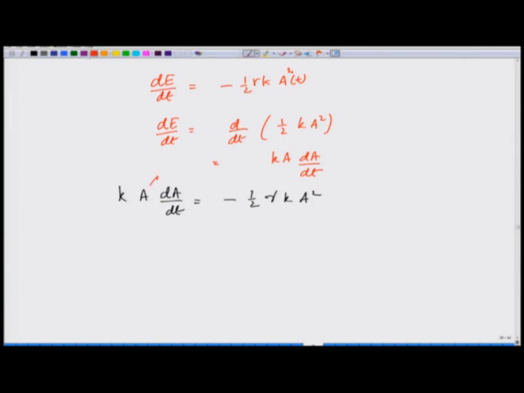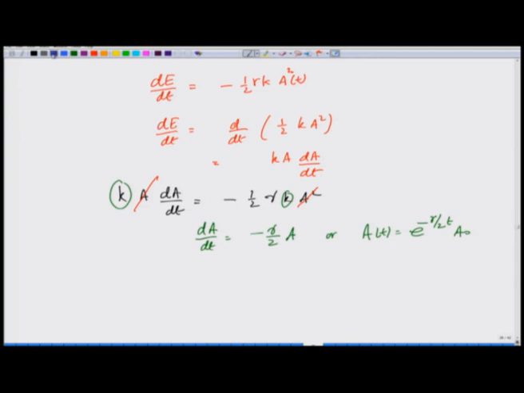I can cancel one A, I can cancel k, and I get dA by dt is equal to minus gamma by 2 A, or A t equals e raised to minus gamma by 2 t times A 0. So, amplitude changes like this.